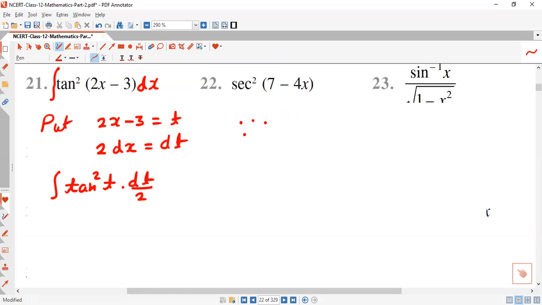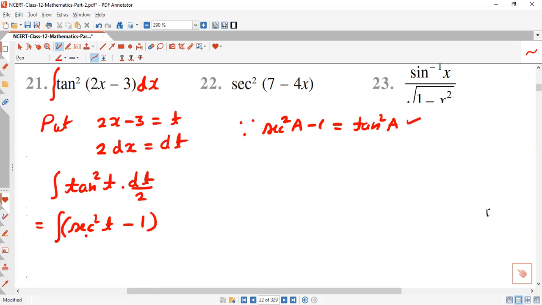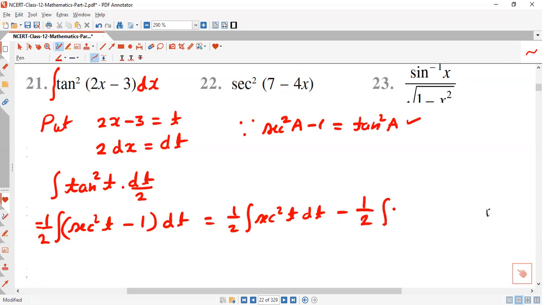Now since we know sec square a minus 1 equal to tan square a. We know this formula. Applying this formula here, we are getting sec square t minus 1 dt and taking the 1 by 2 outside. Now separate the terms: half sec square t dt minus half dt.